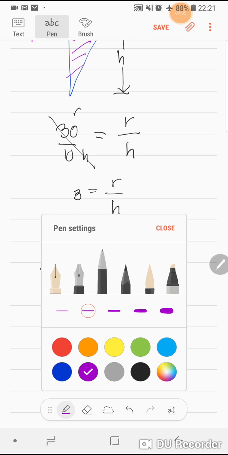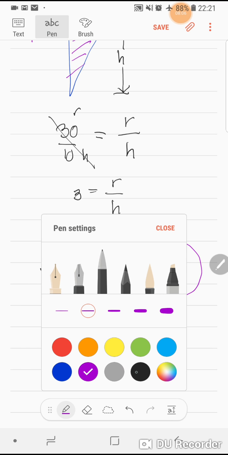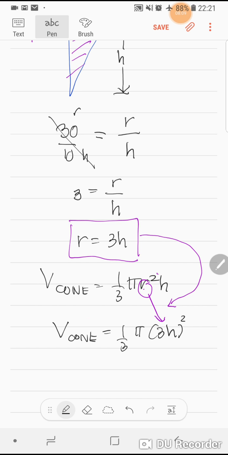It may be too fast for you, but r is equal to 3h as we have previously obtained. We took this relationship because we need to have all the variables with respect to h, because it's the variable that we're actually given. So r would be 3h, then don't forget to square it, because you're really just substituting it.